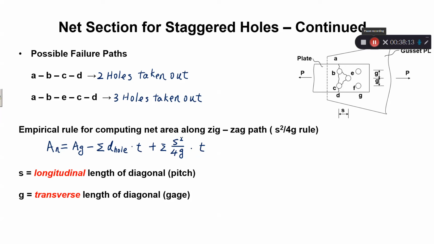So sum all the zigzag paths. For example, along the path A, B, E, C, D, there are 2 zigzag paths, so that's 2 times S squared over 4G. S is the longitudinal length of the diagonal, so that's the pitch, and G is the transverse distance.